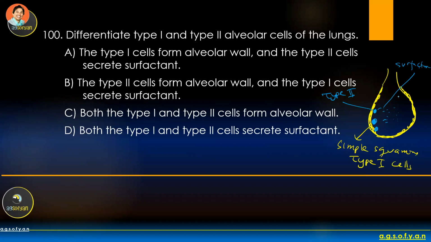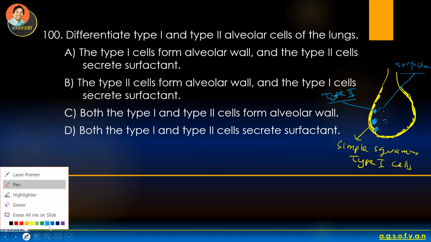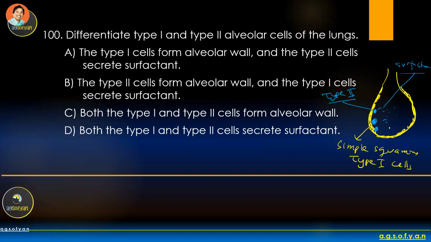So the alveolus will always be inflated because of this surfactant. So type 2 cell produces surfactant. There is another cell in the alveolus, called a type 3 cell, and this type 3 is used to clean up the alveolar lumen.